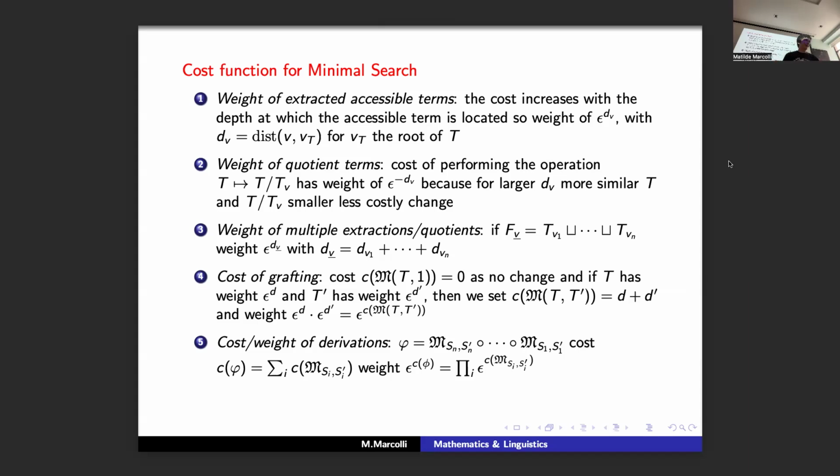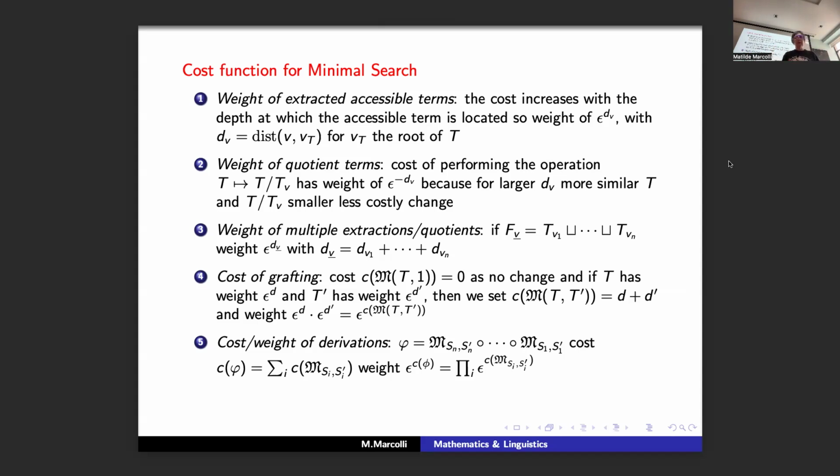I'll say a bit more about more refined countings, but for now I'm just making the simplest count, which is where they are located. So if you just use this basic counting of where they are located, then you can take this as a choice of cost function that reflects some reasonable distinction.